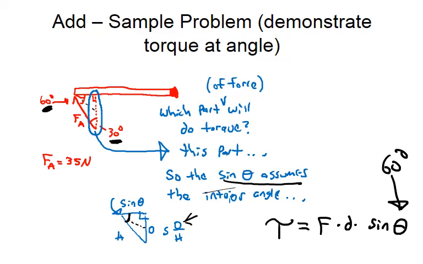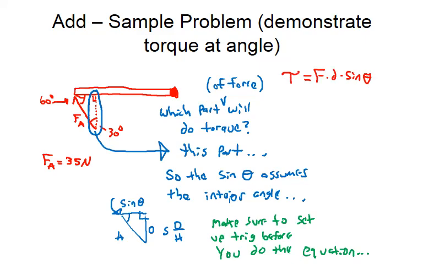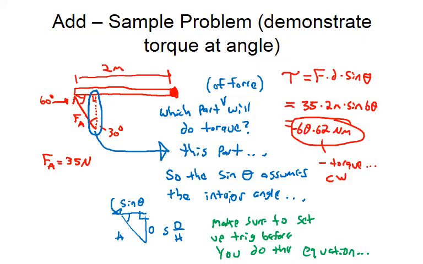So if you're given a force and an angle, be very careful before you do the rest of the work, because you have to make sure the torque works out. And when we do that, in this case, the force is 35 newtons, the lever arm is 2 meters here, and we get a clockwise torque of negative 60.62 newton meters.